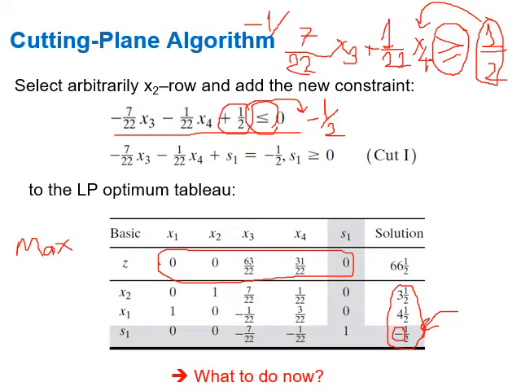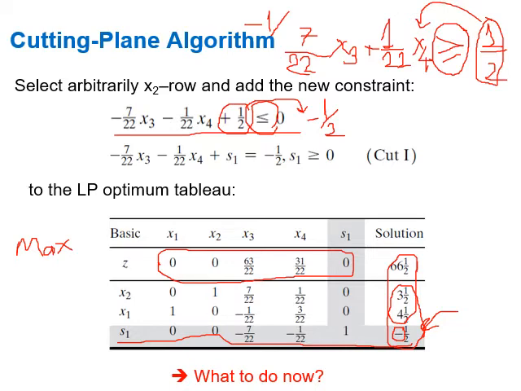Be very careful, this is a point of understanding. We said that a new constraint is a cut if it eliminates the previous optimum solution for the LP relaxation. So look, we included a new constraint, and now with this new constraint, the old solution is infeasible.